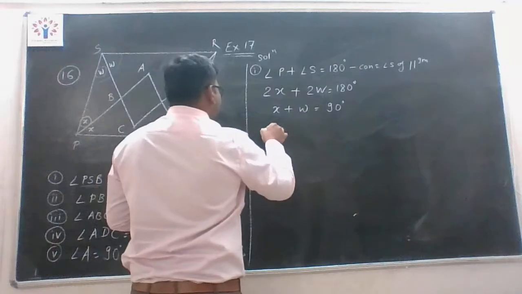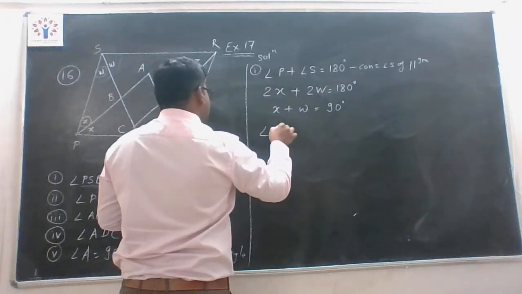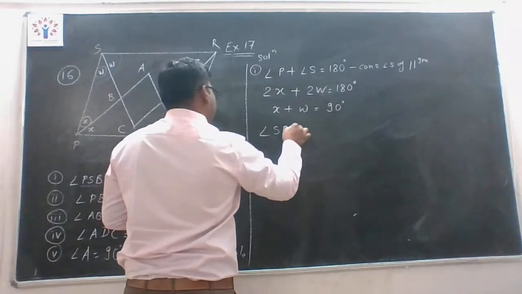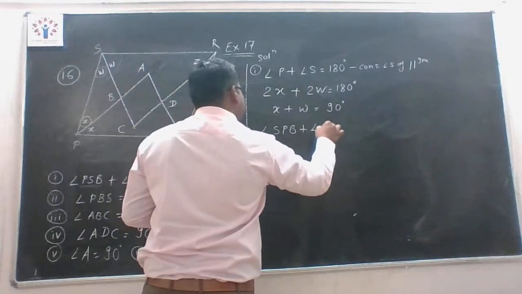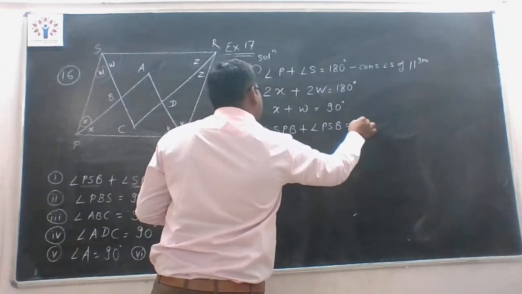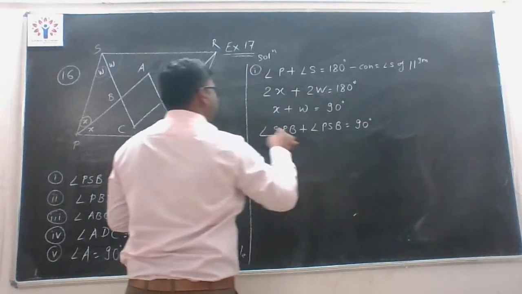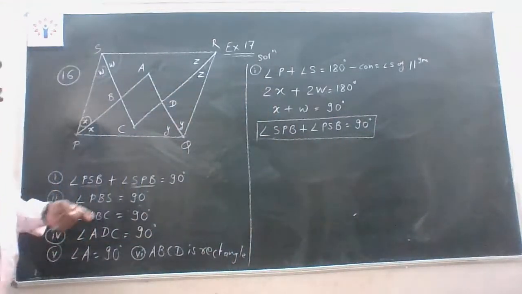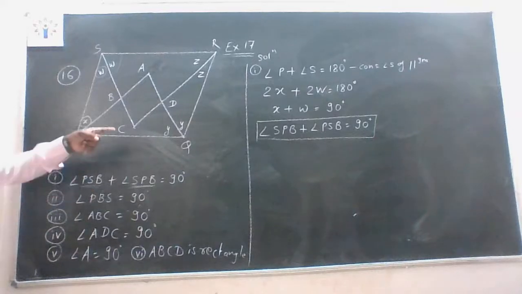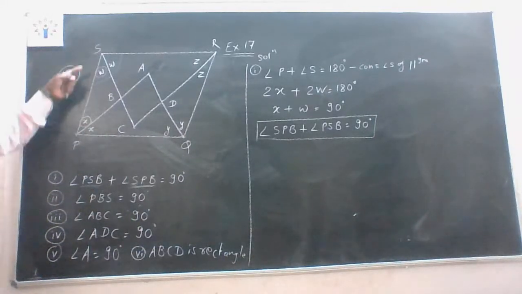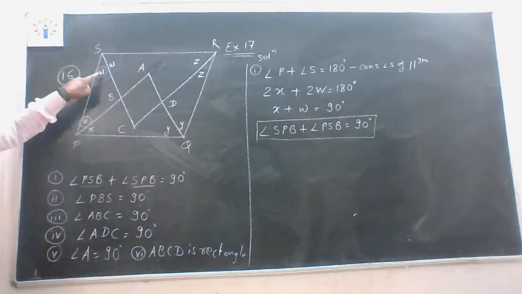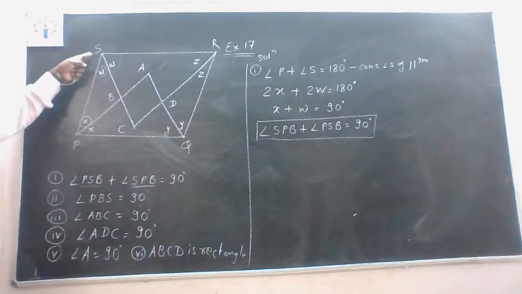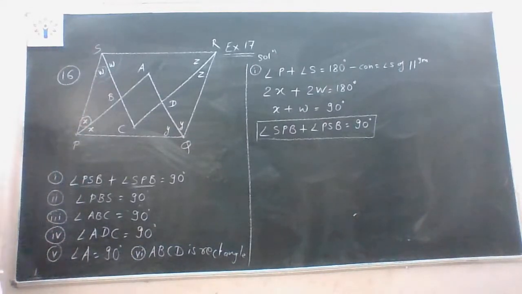So here we can write angle SPB plus angle PSB equals 90 degrees. The first part is proved here. Do you understand this? The first part is proved because X means this angle SPB and W we can write as PSB. Clear?